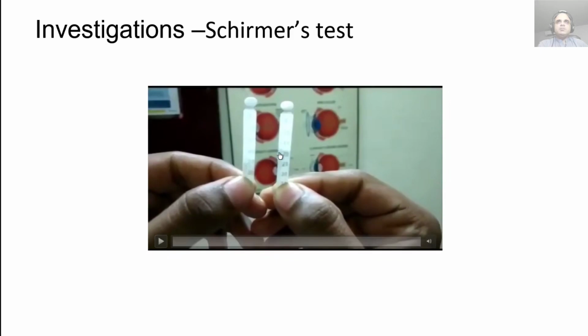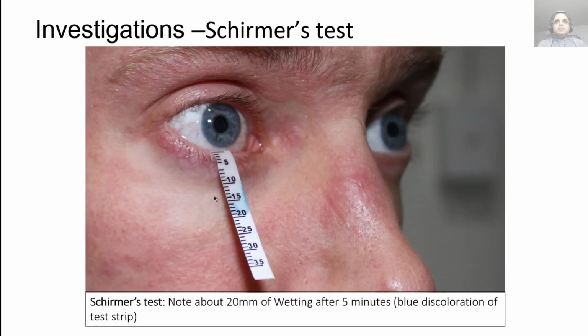So this is more than 20, this is less than 20, so normally 15 to 20, so this is about okay. Some produce a bluish discoloration, some just appear like a wet piece of paper.